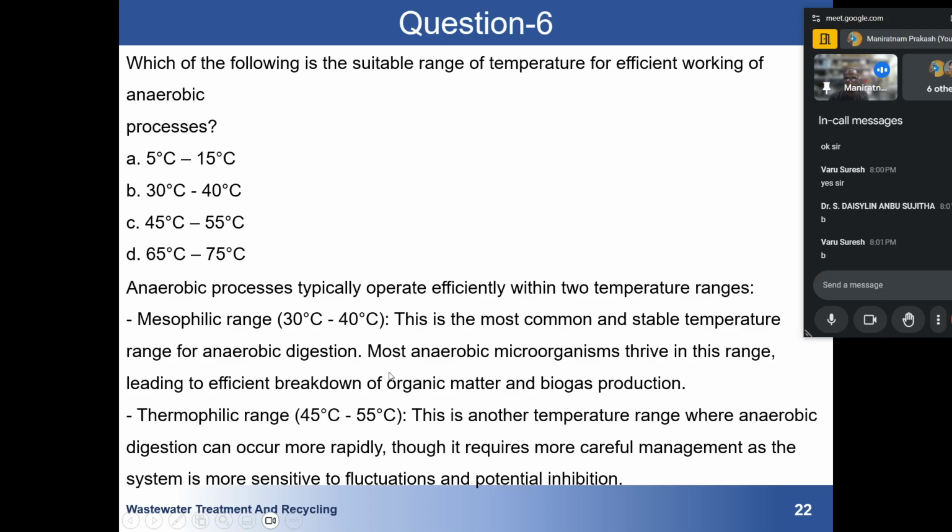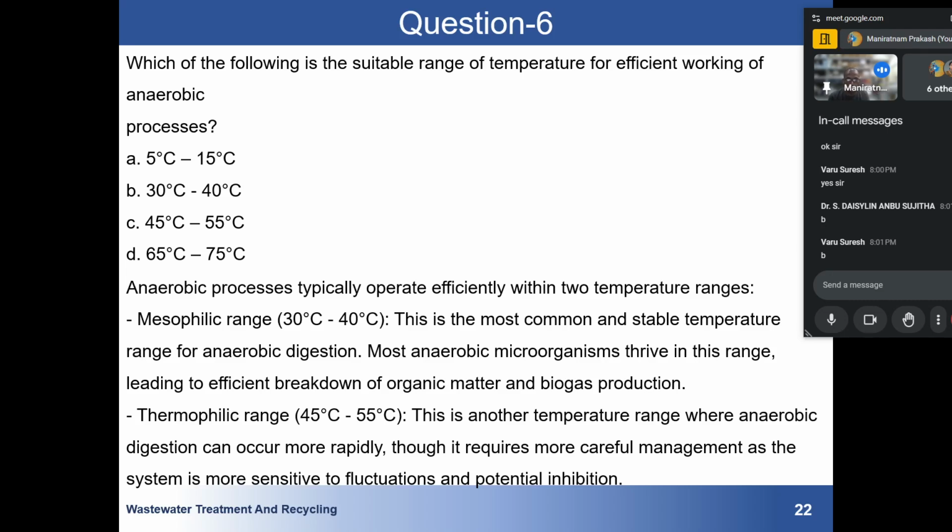Remember that we have two temperature ranges where anaerobic bacteria can work. But we are talking about a setup where we don't want external management to manage our system.